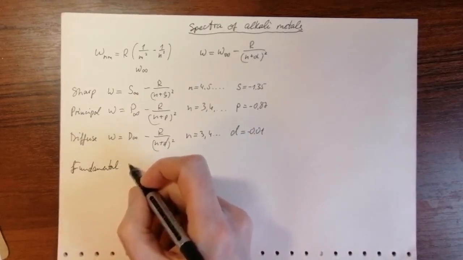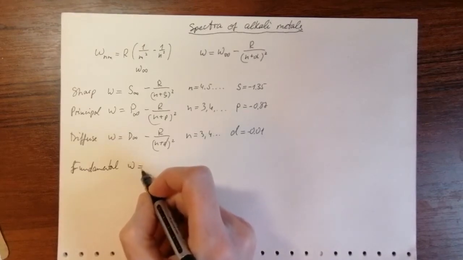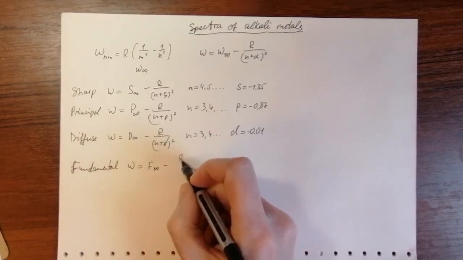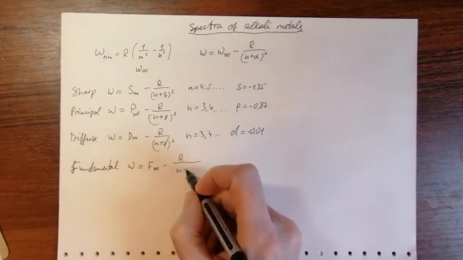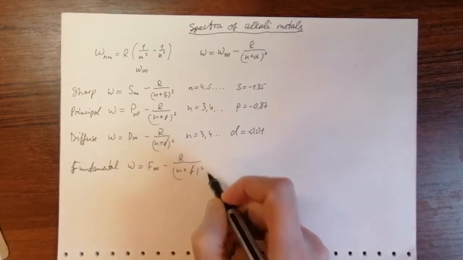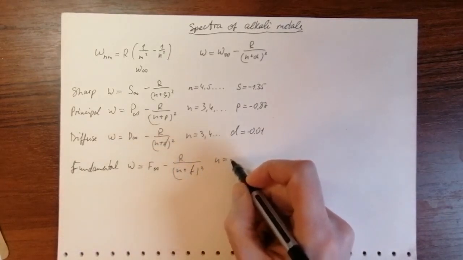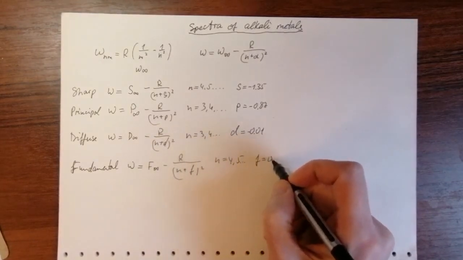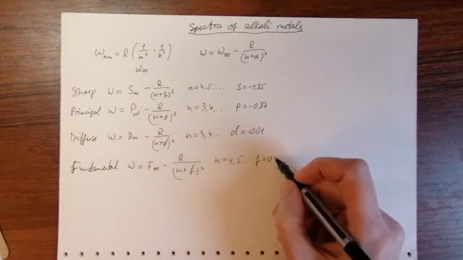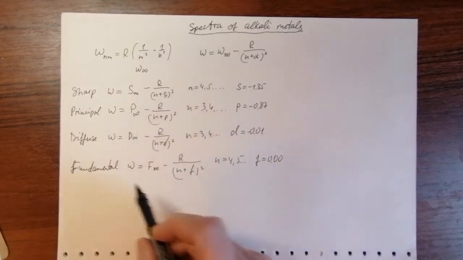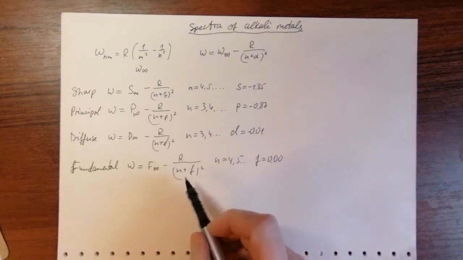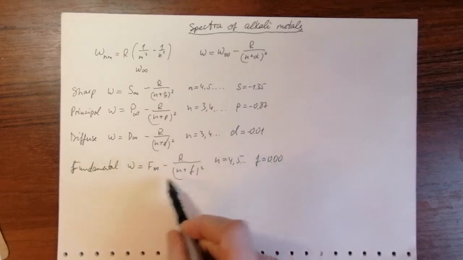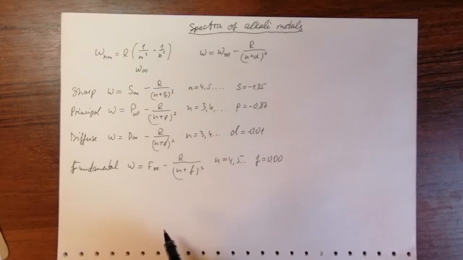For fundamental, omega is f infinity minus Rydberg constant divided by n plus f squared, where n starts from 4, and f is 0. You see what I said, that fundamental is called so because of its similarity to hydrogen. If f is 0, we have R divided by n squared, which is similar to the case of hydrogen.